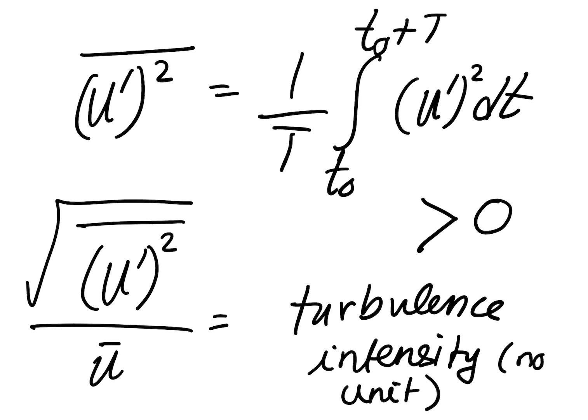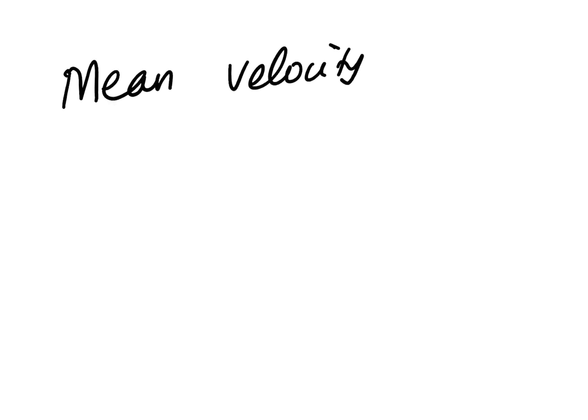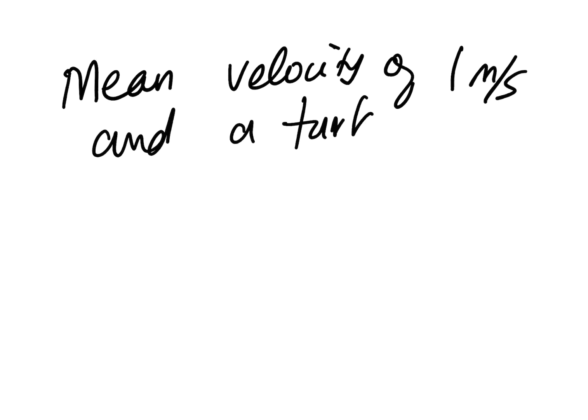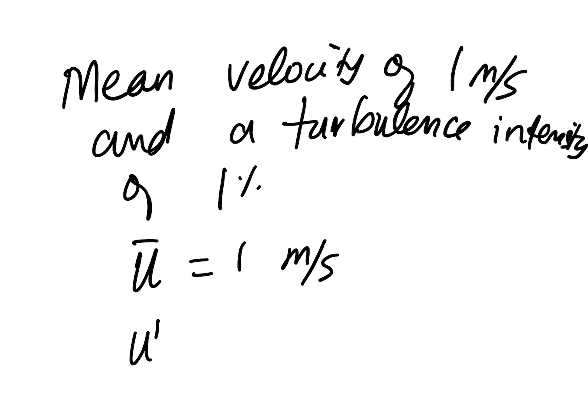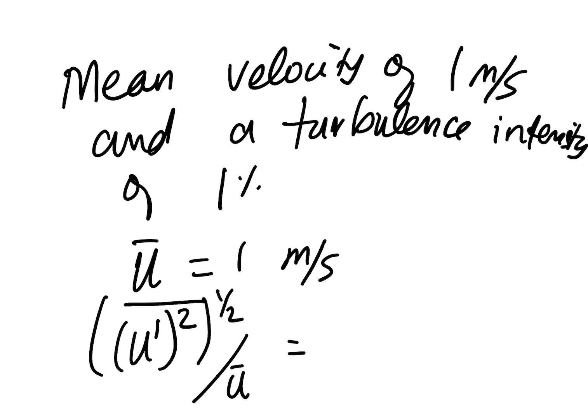It's a percentage. It's like saying the flow has a mean velocity of 1 meter per second and a turbulence intensity of 1%. That would mean u bar equals 1 meter per second and the square root of u dash squared, the whole thing, divided by u bar equals 0.01.